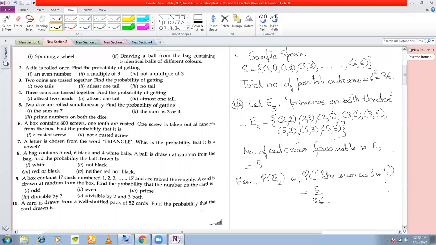Clear? How many outcomes are favorable to the event E3? 8. So what is the probability of E3, which is prime numbers on both the dice?